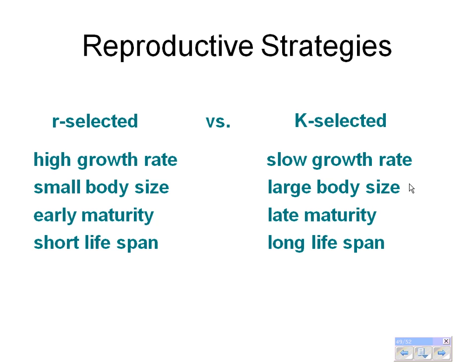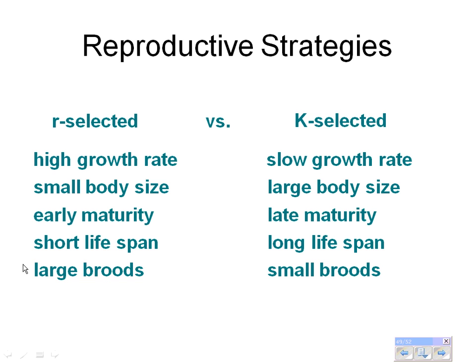Where our K selected, we're going to take care of our young. So we're going to have a large body size, we're going to mature later, we're going to have a longer lifespan, we're going to have fewer offspring or small broods, we're going to take care of our offspring. Where R selected, they're going to have large broods, so they're not going to have the energy to take care of them.